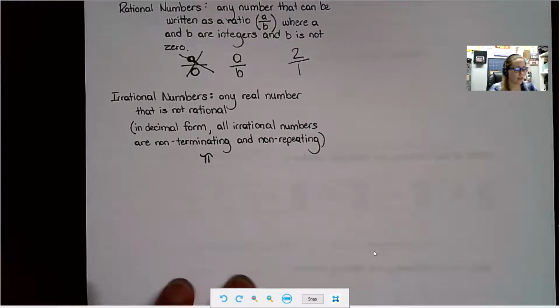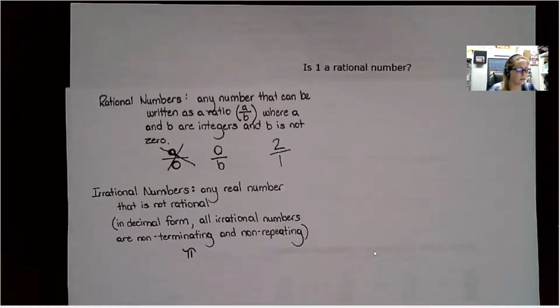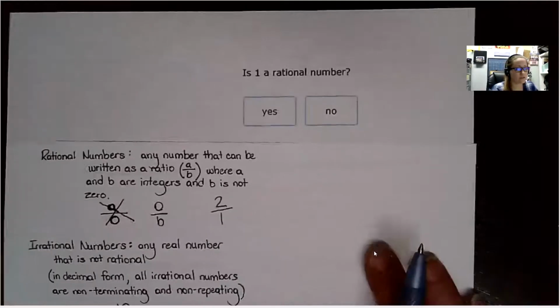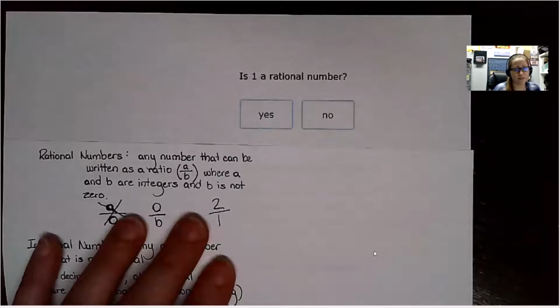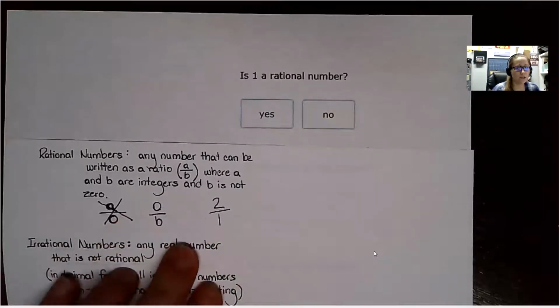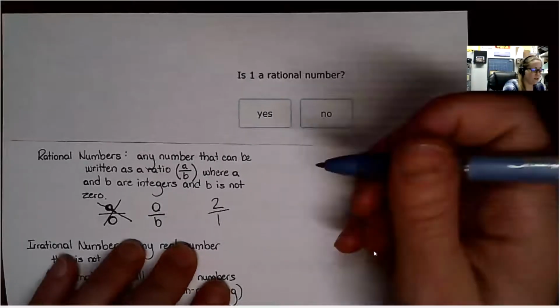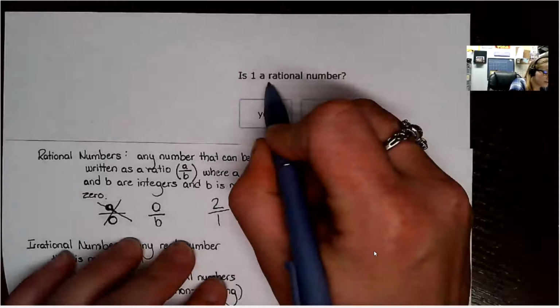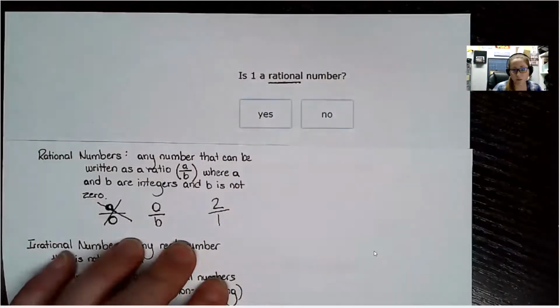So let's take a look at a couple of examples now that we've kind of gone through the definitions of rational and irrational numbers. So this is an example right from this assignment. It says, is 1 a rational number? And my question for you to consider with each of these questions is, for starters, we want to make sure that they're talking about what they're looking for in this question.